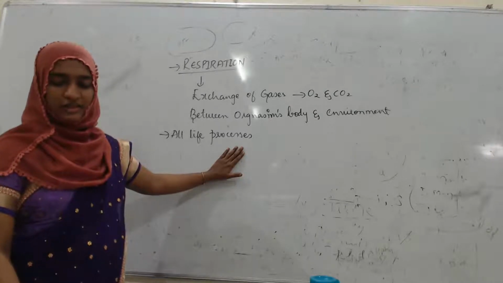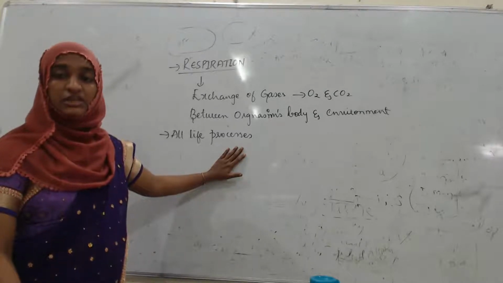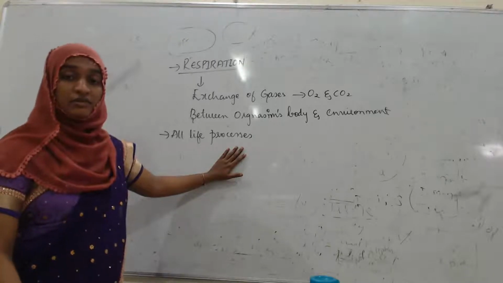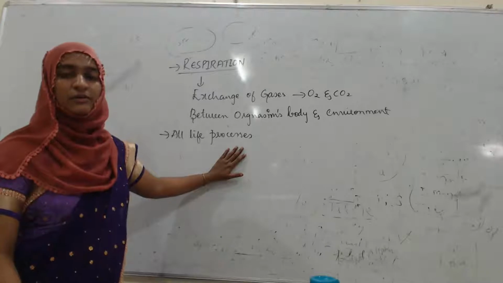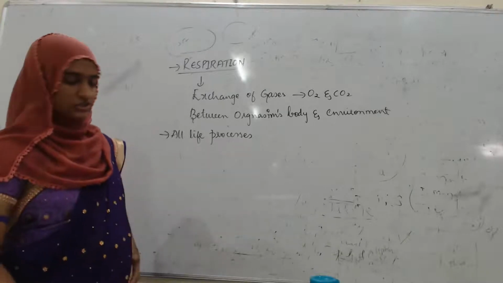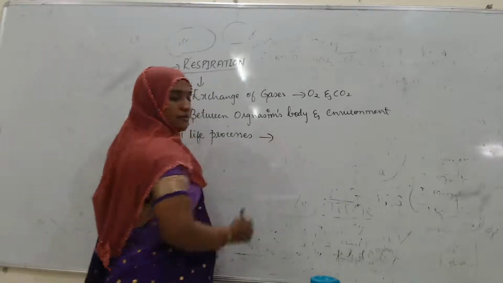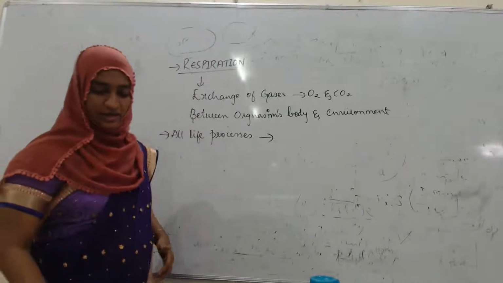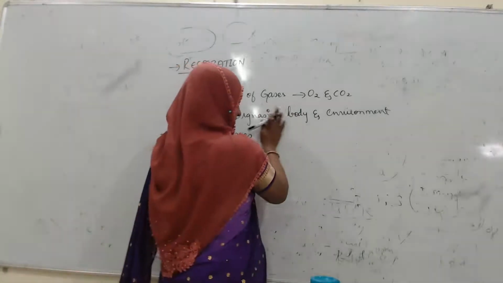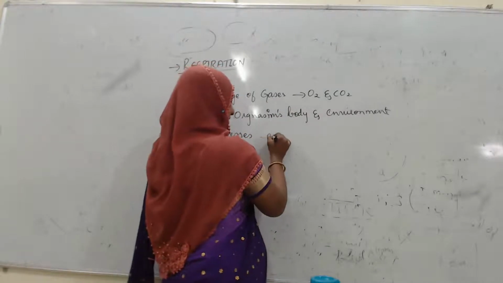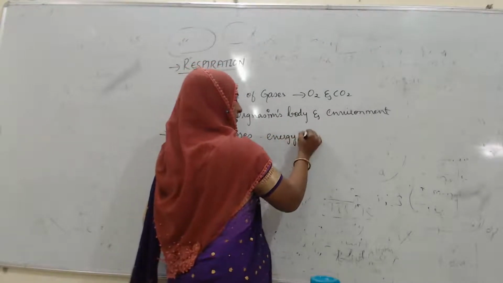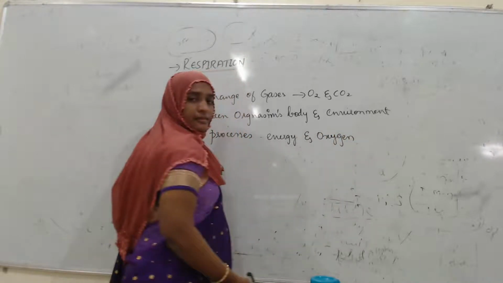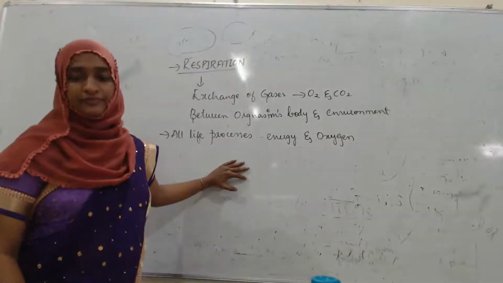So all these life processes require energy and oxygen. What is necessary for maintaining life? It is energy and oxygen.